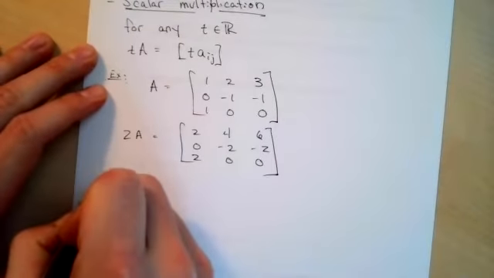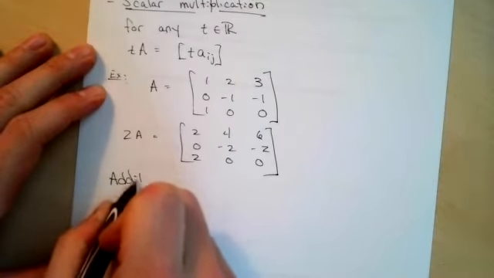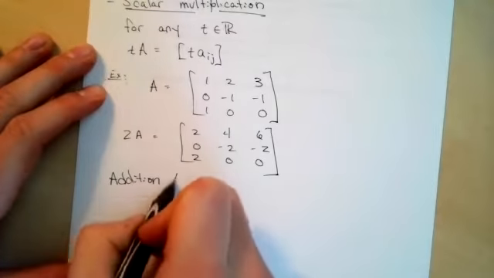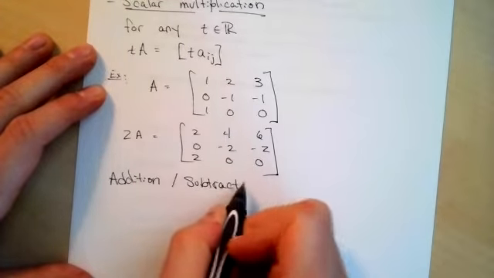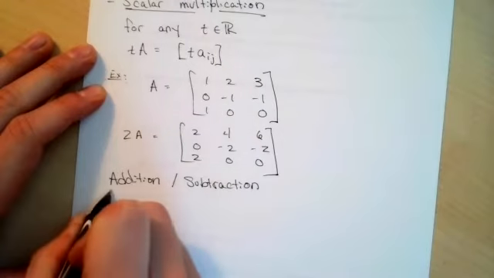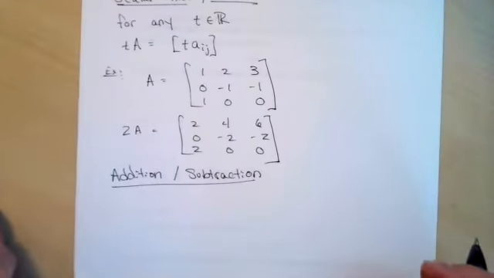Then we have addition and subtraction. Of course, subtraction we can think of simply as multiplying the matrix by -1 and then adding.